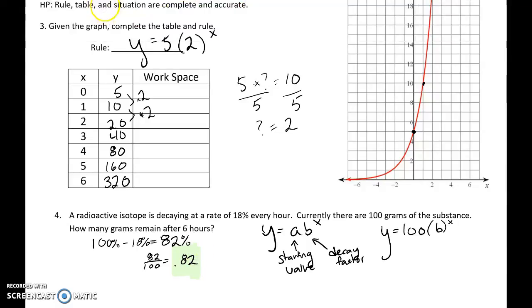So now I go back into my equation and I can fill in my multiplier. I know that we're looking for the substance after 6 hours. Given that we have this equation, see if you can make the calculation to figure out how many grams remain after 6 hours. Pause the video and we'll check in a moment.